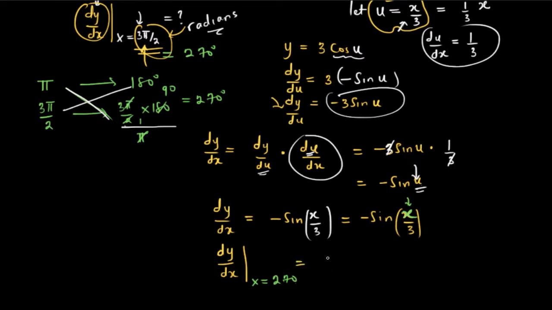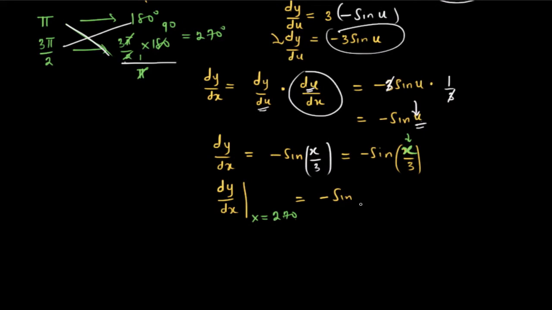This becomes negative sine of 270 divided by 3. Now 270 divided by 3 gives you 90 degrees, so we have negative sine of 90 degrees. The sine of 90, like we know, is 1, so this gives you negative 1.